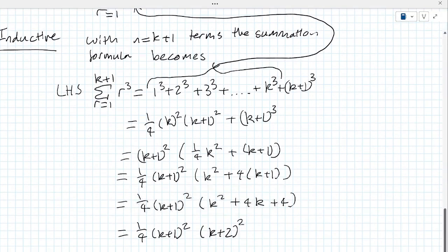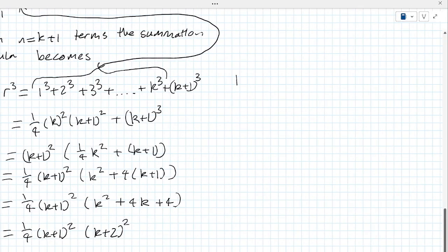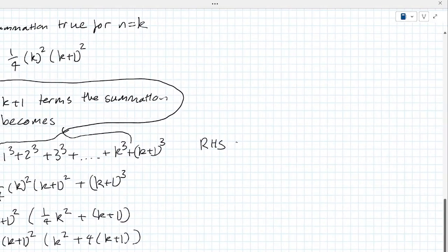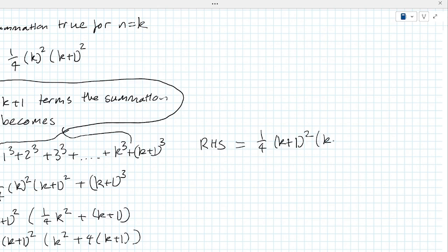You don't have to do this part, but you can if you want to double check your answers. So you can just put right hand side, and then you can figure out the right hand side, which should be easy enough. So that would be 1 over 4 k plus 1 squared, and then k plus 1 plus 1 squared, which just equals 1 over 4 k plus 1 squared, and then k plus 2 squared.